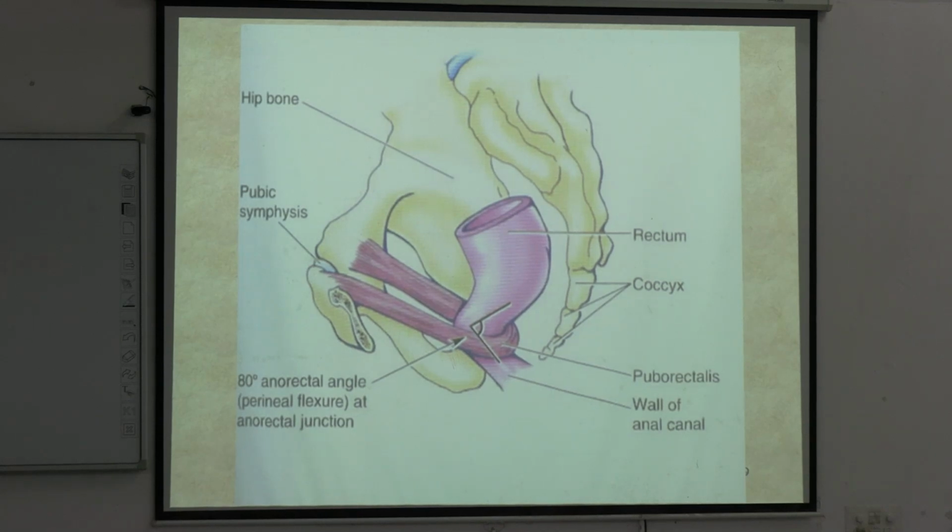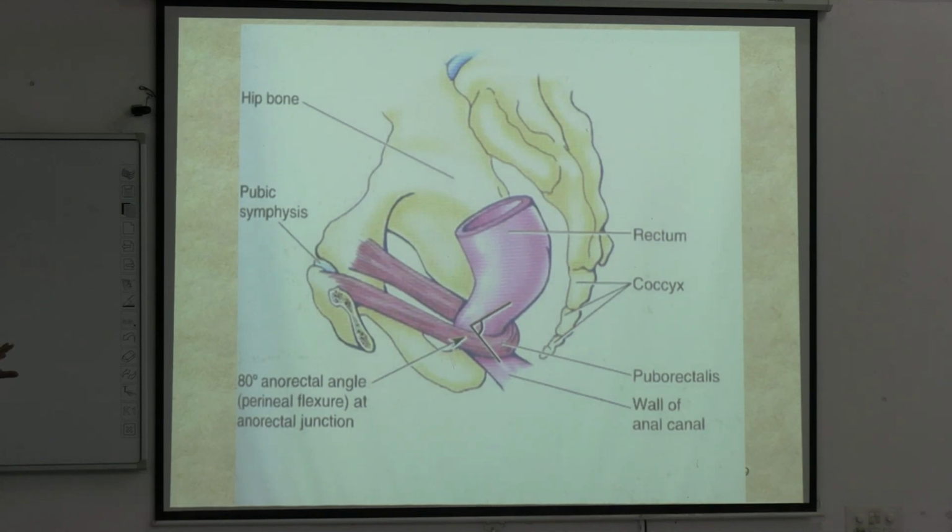The prime function of the pelvic diaphragm is to hold the organs present here. It holds the urinary bladder, it holds the uterus along with the vagina, it holds the rectum, and piercing through it, the anal canal comes out. Through this natural opening, known as the hiatus urogenitalis, there is a weak point.